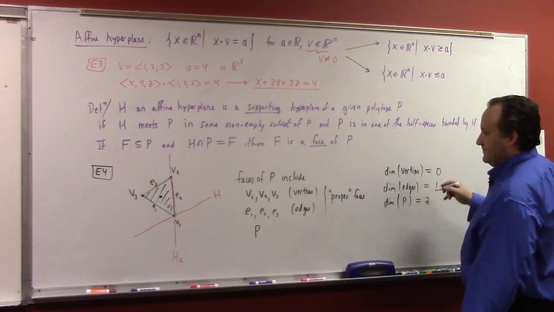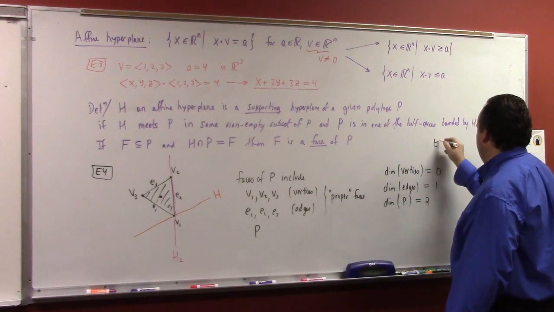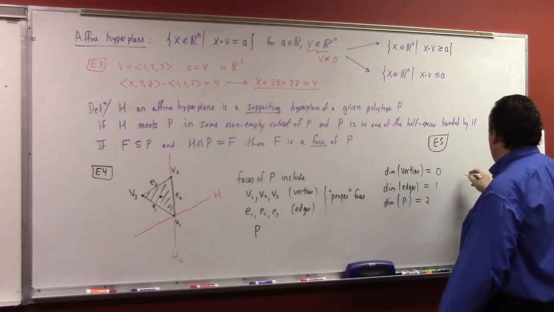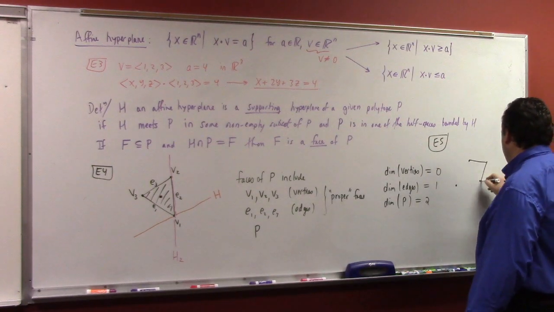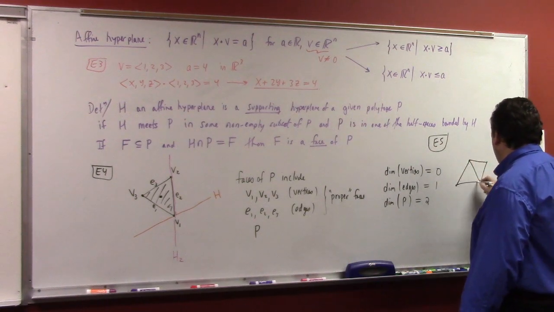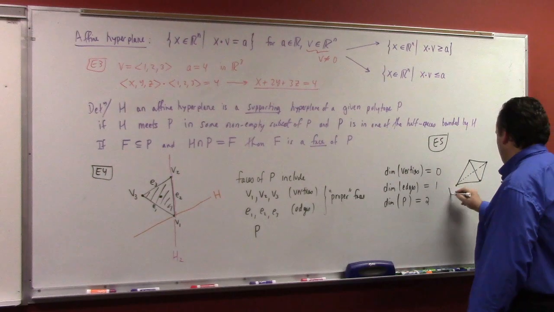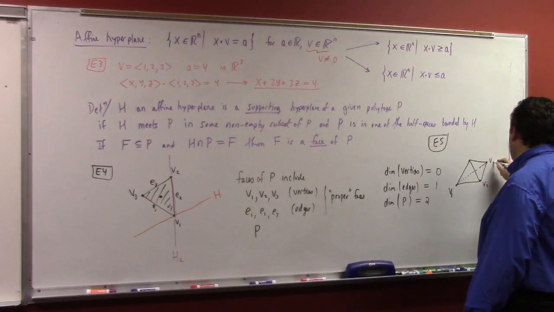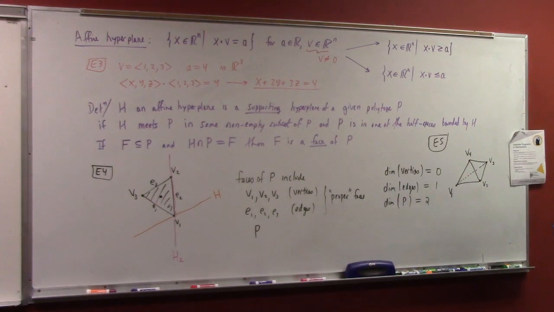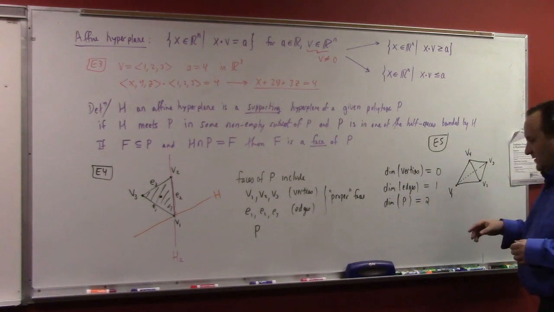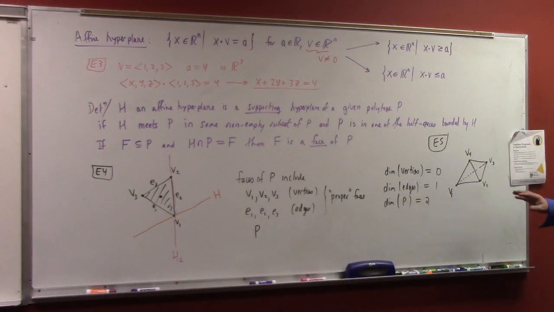Like example 5, if I took V1, V2, V3, V4 in three-dimensional space, then look at the faces that are solid triangles.